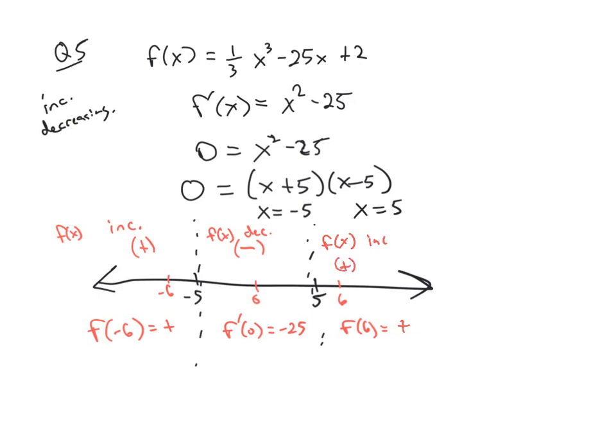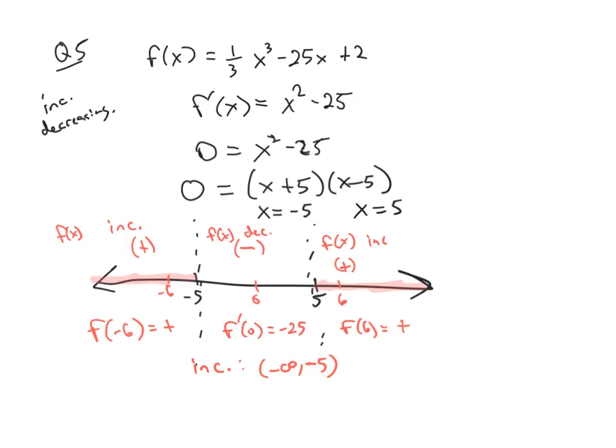So now I have my ranges. So when I want to talk about when is the graph increasing, well, it's increasing from negative infinity to negative 5. Right? From here, it's increasing, but it's also increasing over here.